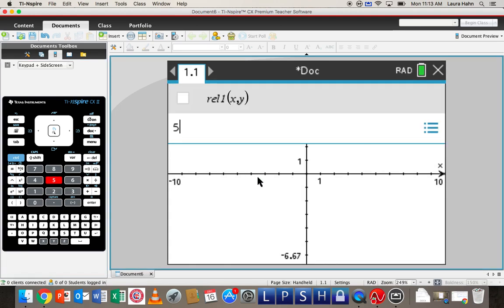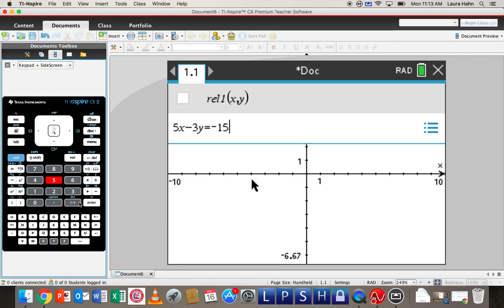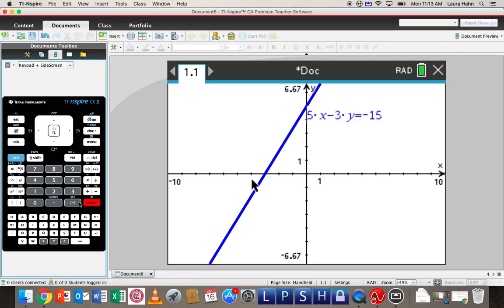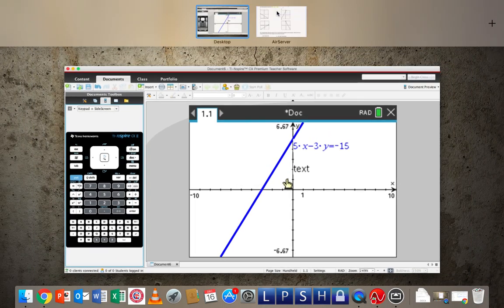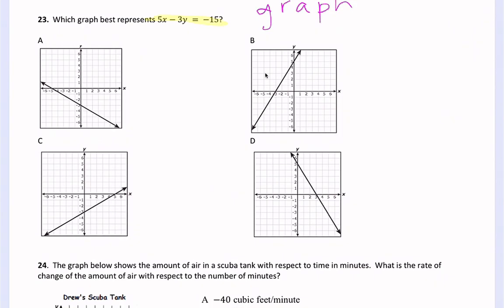So I could type in 5x minus 3y equals negative 15. All right, so now all we have to do is look at our calculator. This is what it looks like. And then pick the graph on our paper which matches it. So I'm going to compare this to my answer choices. And it looks like option B.